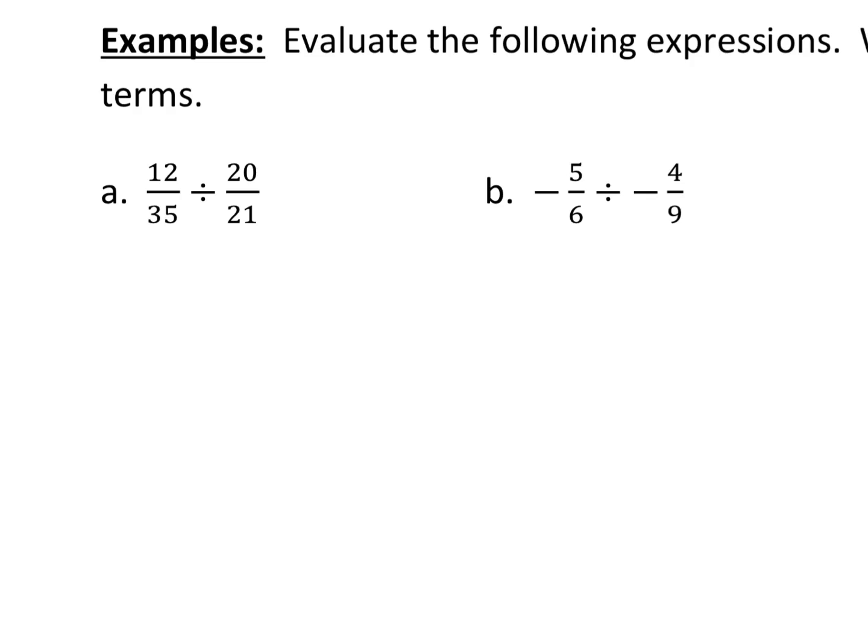Now, one of the important things to remember is make sure that you do your copy dot flip, or change it to multiplication, before you start canceling anything. If we go ahead and copy dot flip, this is how it works. We copy, we dot, and we flip.